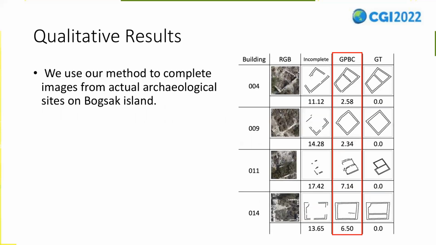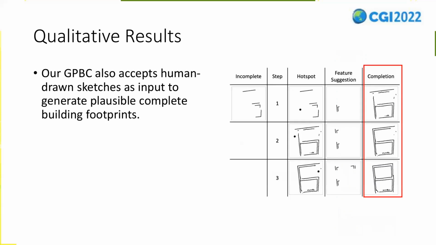We also use our method to complete images from the actual archaeology sites of Bosak Island. Those results are shown on the right. Our JPBC approach also accepts human-drawn sketches as input, and it can generate plausible and reasonable complete building footprints.